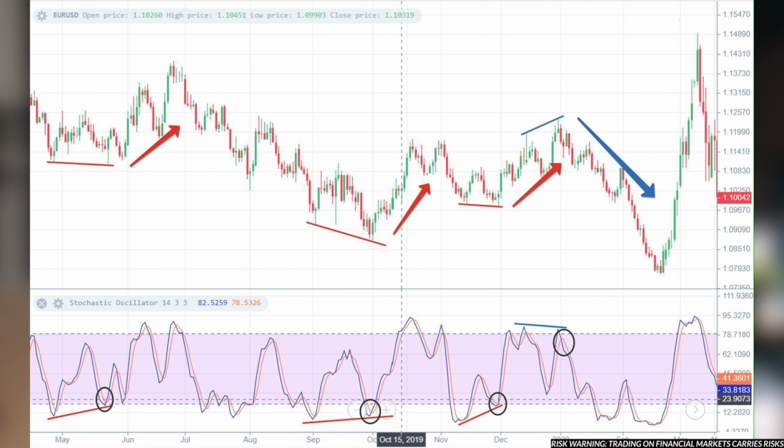Thus, we can open a short position after the indicator's moving averages cross and the signal candlestick closes. So in that situation, a bearish divergence occurs.